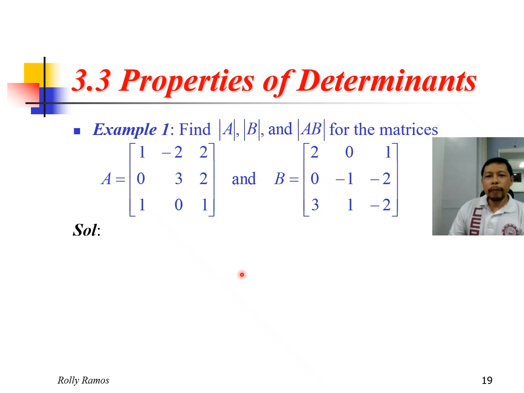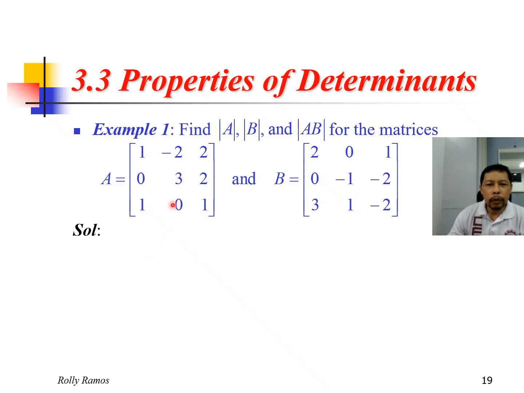Okay, so let's talk about properties of determinants by showing an example first. Find the determinant of A, determinant of B, and determinant of AB for the matrices A and B. So we have A, a 3 by 3 matrix, and B, another 3 by 3 matrix.